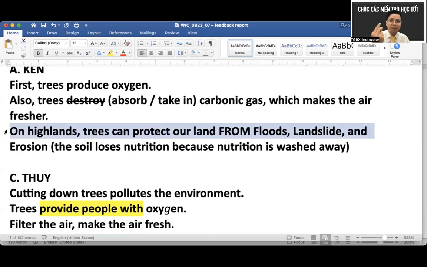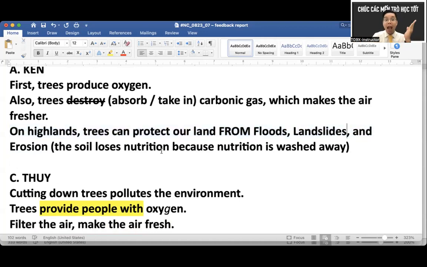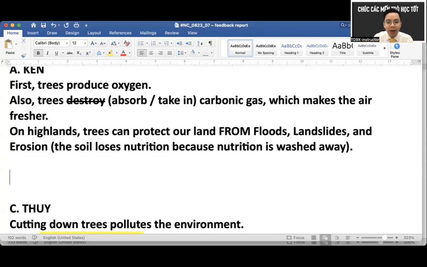On highlands, trees can protect our land from floods, landslides and erosion. That's right. One more time, please.